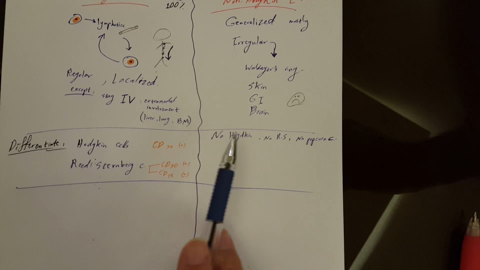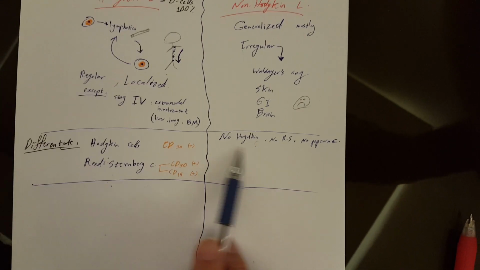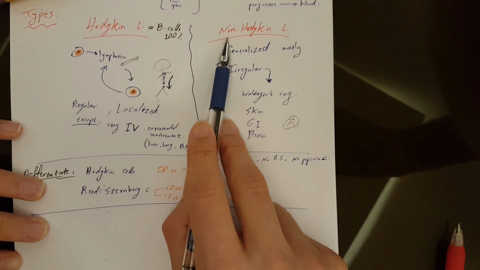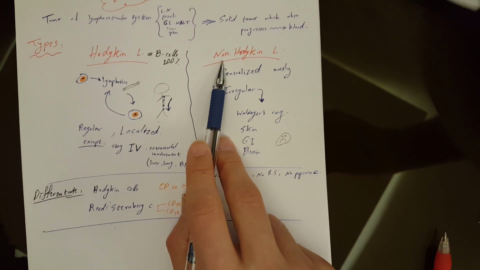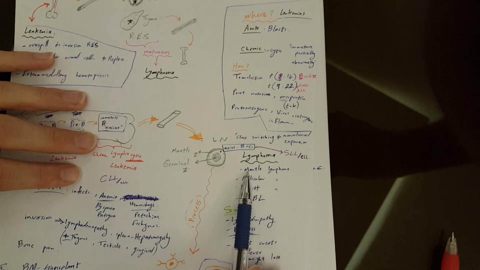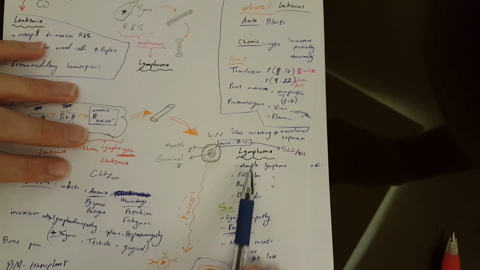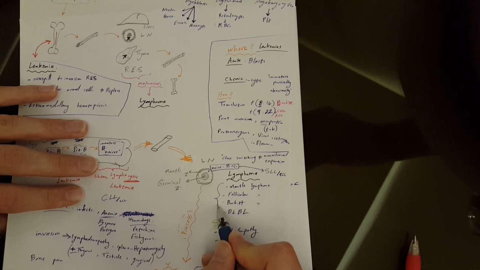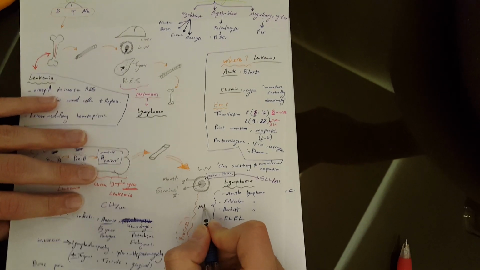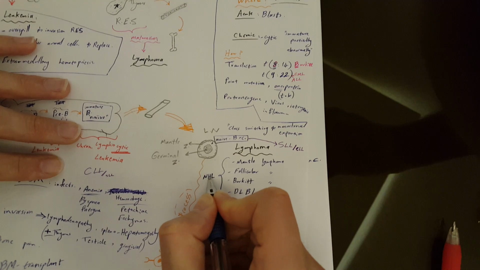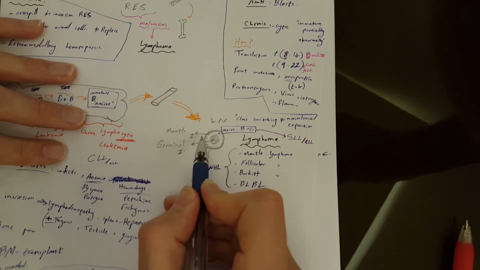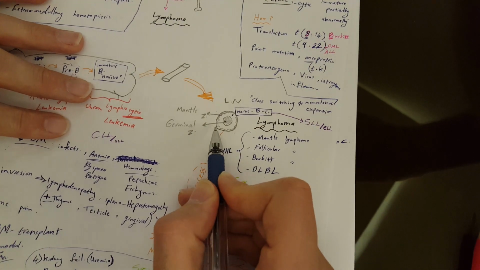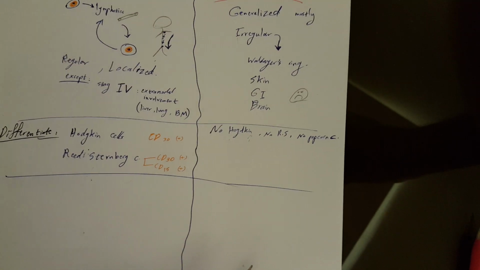What else? The types of cells involved in it actually depend on where the tumor originates. Remember, if you have mantle lymphoma, by the way, all of these are non-Hodgkin lymphoma. So mantle are the mantle cells, the follicular cells, and so on.